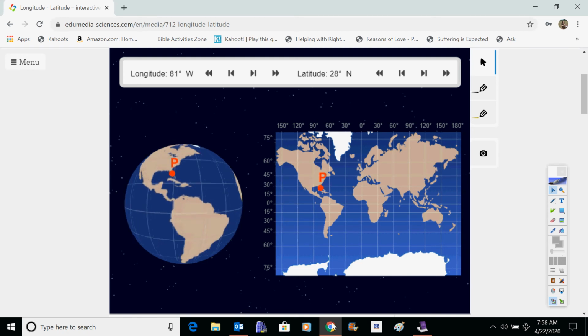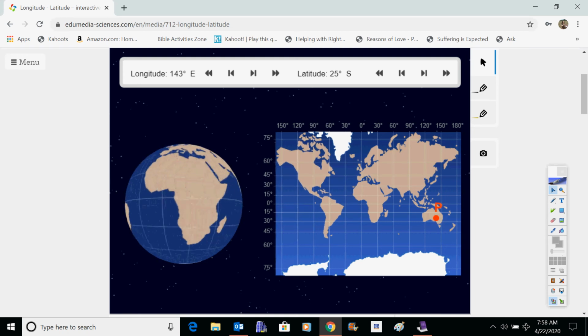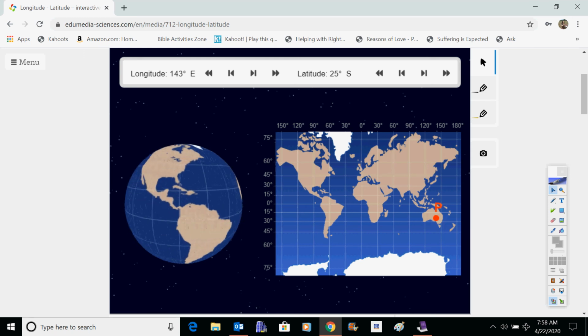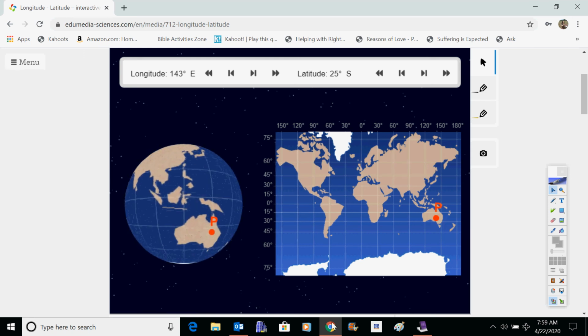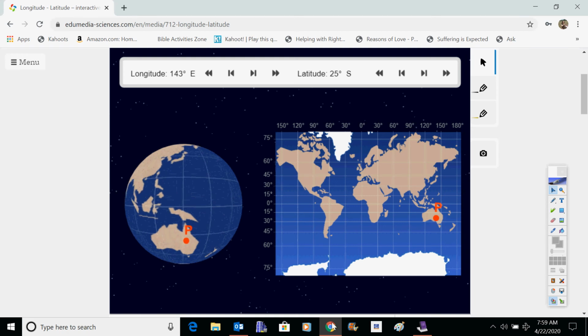That's our longitude, and our latitude would be going up from the equator 28 degrees. And that's where Florida is. If we look over here in Australia, and you could get more specific on that, I'm just going by this map that we have. So we have our equator.